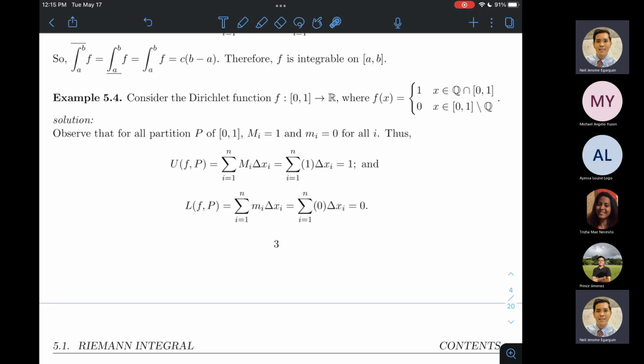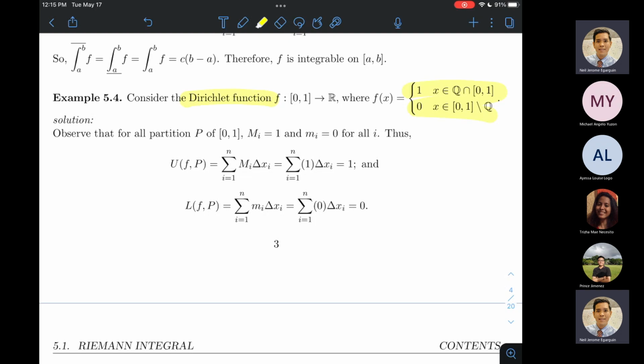Ano? So, tingnan natin yung example 5.4. Ito yung isa sa mga function na hindi natin kayang bigyan ng integral sa Math 36. Okay? Or hindi natin ni-consider sa Math 36 kasi isa tong discontinuous function. Ito yung tinatawag natin na Dirichlet function. If I remember it right, we have encountered this before. Tama nga ba?